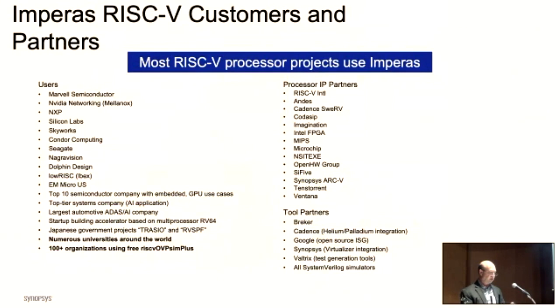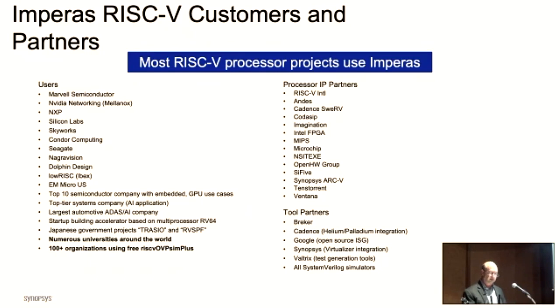I mentioned before that a lot of RISC-V projects use Imperas. Here's a partial list of our users and our processor IP partners. And then also we can see that numerous universities around the world are using Imperas, and more than 100 organizations using the free RISC-V OVP Sim Plus.